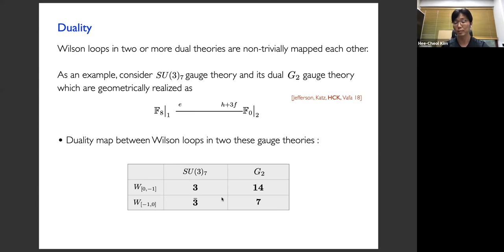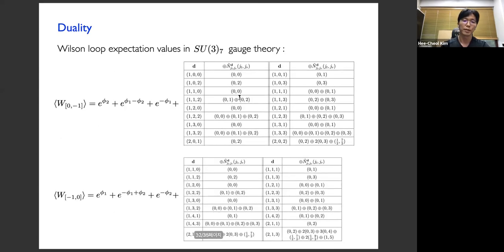We can check if this duality works well by looking at their spectrum. There are no other methods to compute the Wilson loop expectation values in SU3 level 7 gauge theory and also G2 gauge theory, but we can evaluate these expectation values by using the blowup formula. These are the results. The first one is the fundamental Wilson loop expectation value, and the second one is the anti-fundamental Wilson loop expectation value.